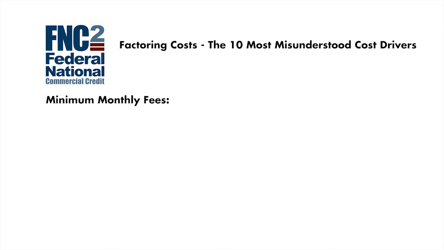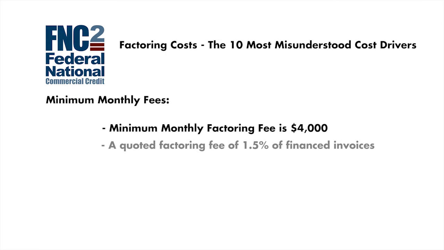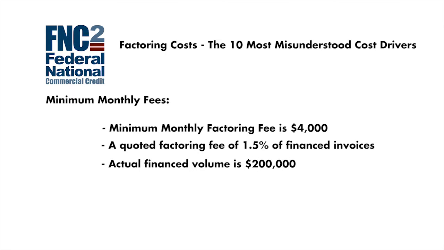Let's take an example where the minimum monthly factoring fee is stated as $4,000. And there's a quoted factoring fee of 1.5% of invoices that are financed. And let's say you actually finance a volume of $200,000. $200,000 in invoices are financed that month.